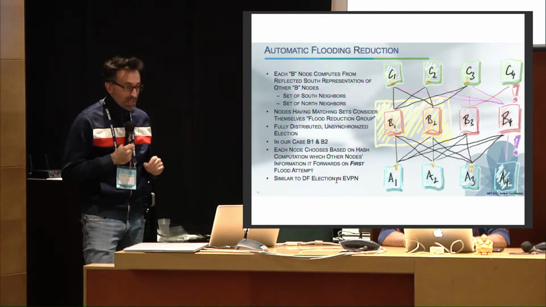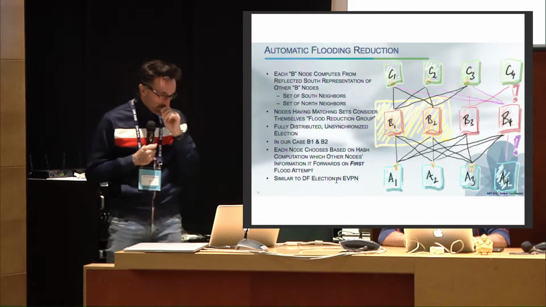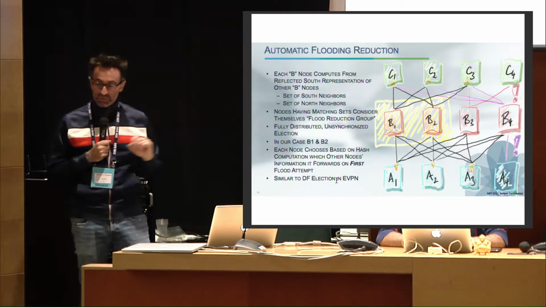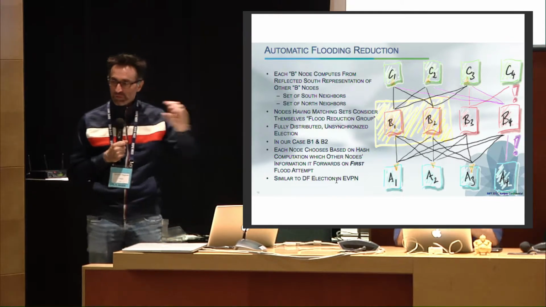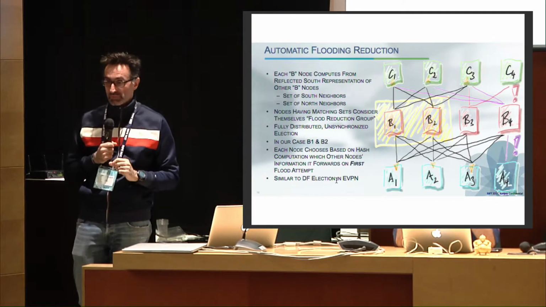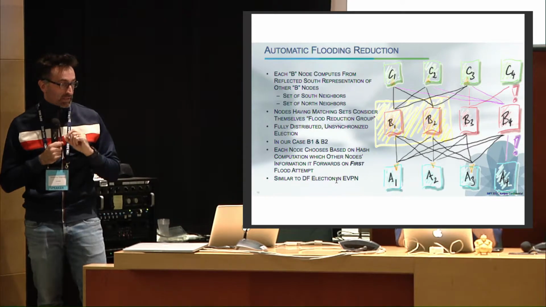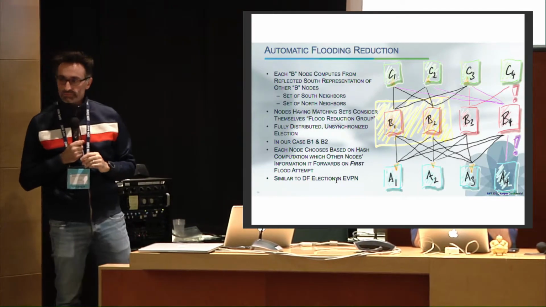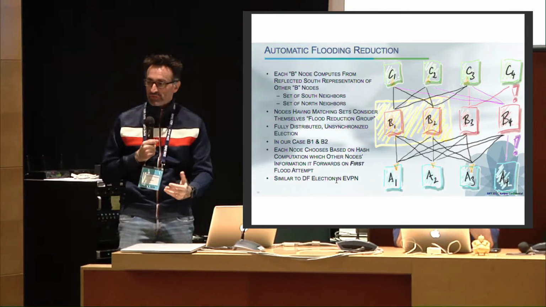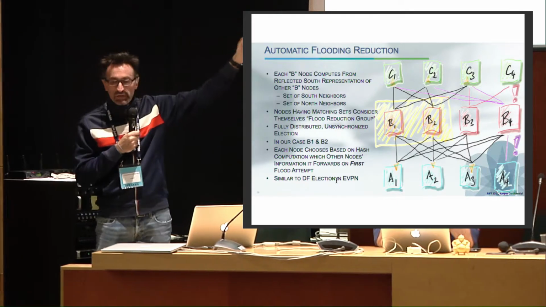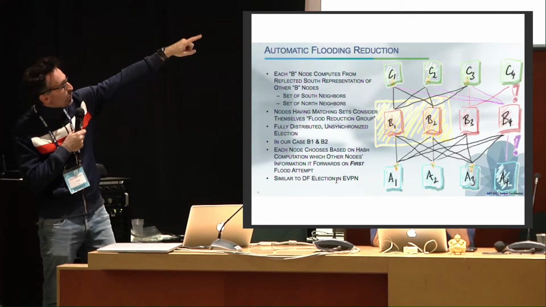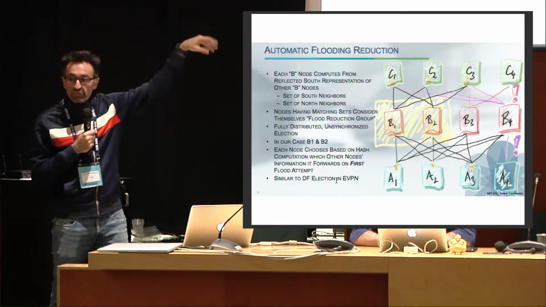And so I can elect a flood leader, which is the terminology in the draft, and a backup flood leader that will take care of TIE by TIE flooding. Just to simplify, if I have 100 TIEs to flood, if you take a look at B1 and B2, they have the same set of neighbors.